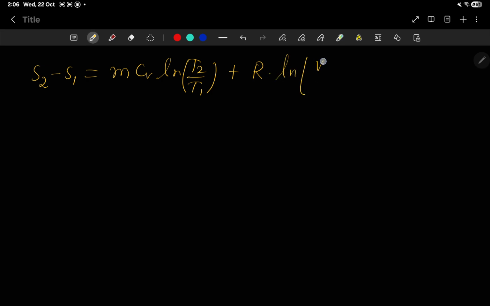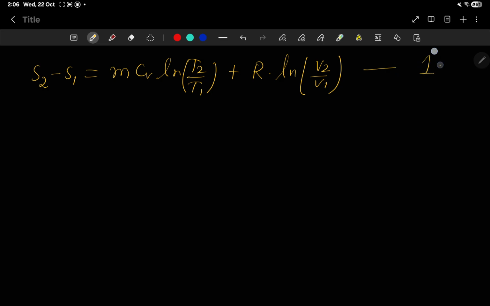So in type 3 we are taking only change in entropy. Okay, so this will be m cv ln T2 by T1 plus R ln V2 by V1.